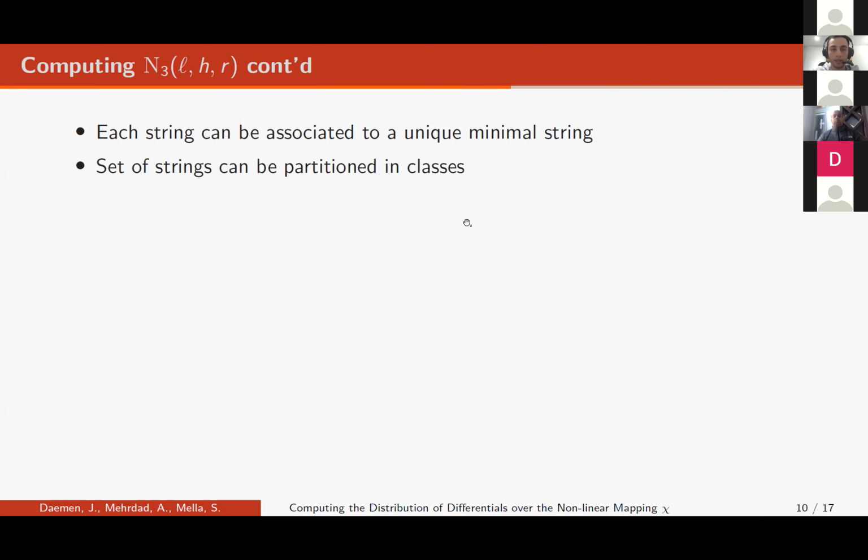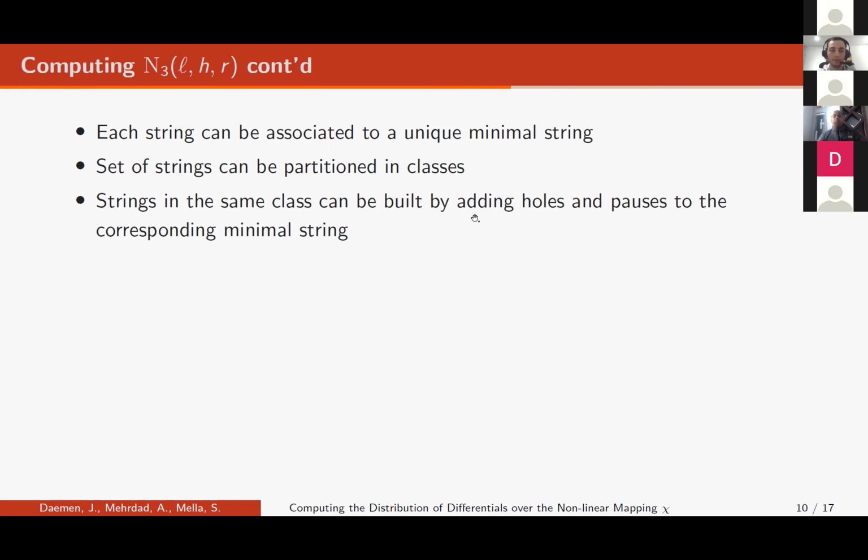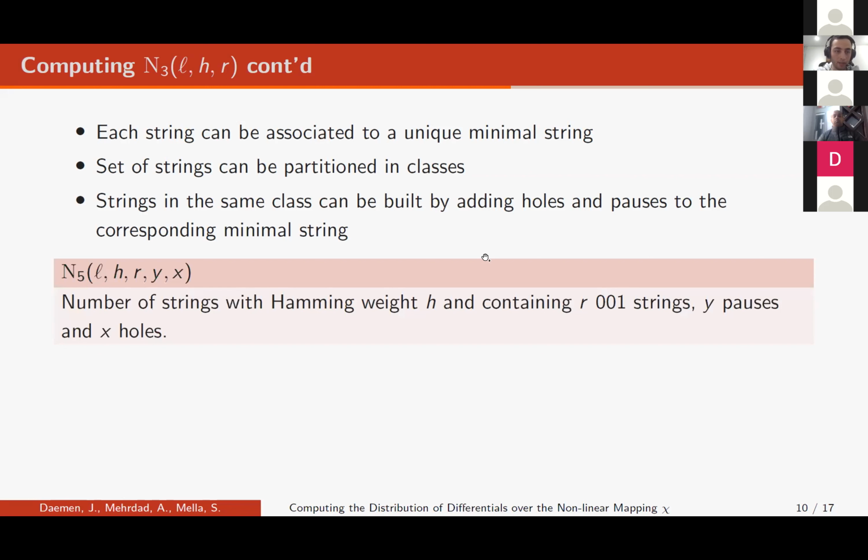And a set of strings can be partitioned in classes. And strings in the same class can be built by adding holes and pauses to the corresponding minimal string. It means that we can define another function, which is called N5(L, H, R, Y, X), that gives the number of strings with Hamming weight H that contain R 001 strings, Y pauses, and X holes.